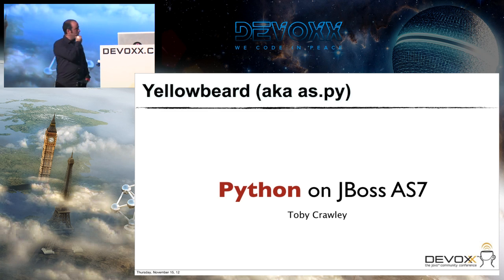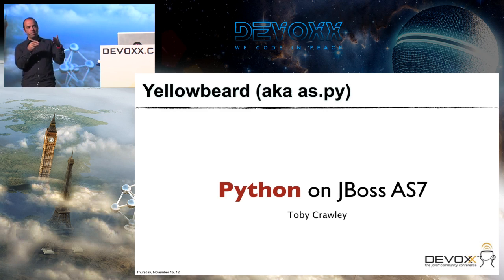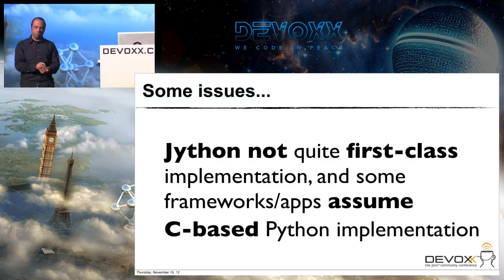Moving on, next I wanted to talk about Yellowbird, which we also call as.py, which is basically our attempt to run Python on top of the JBoss application server 7. We are having a few problems with this. If you remember when I was talking about language implementations, what we're trying to do with JRuby and Dyn.js is make sure these implementations are first-class citizens, so that every application that runs on Ruby can run on top of JRuby.